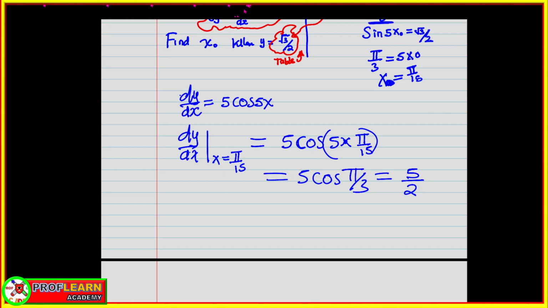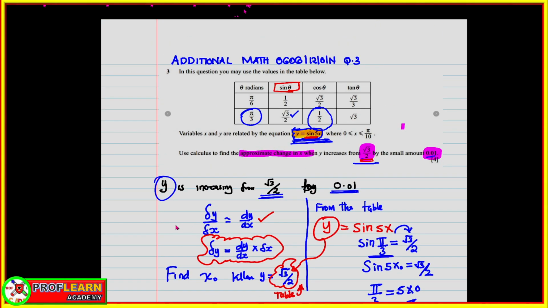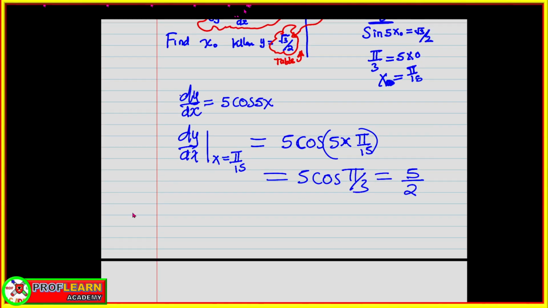Then the next step is to find a small change, because the question was the approximate change in x when y increases from this value by a small amount. So we say that a small change in y over a small change in x is approximately equal to dy/dx.